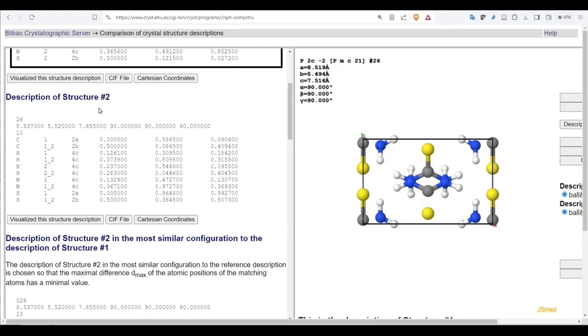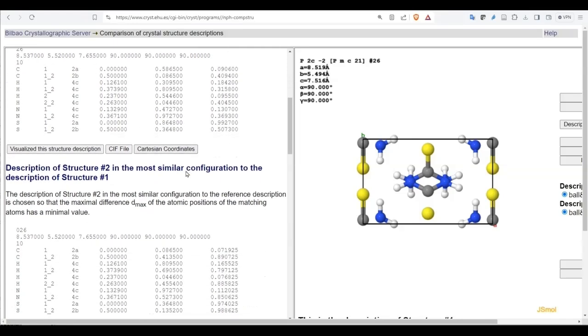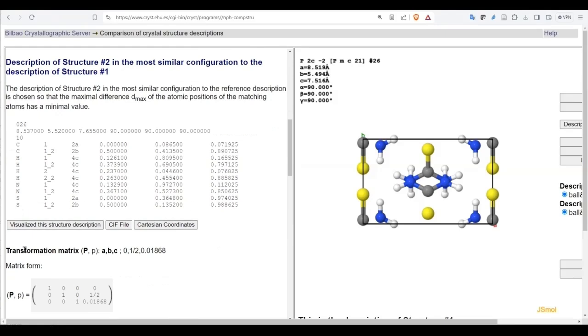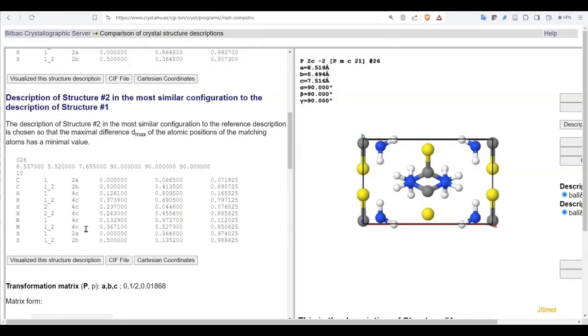This is the high temperature form of Theoria with a change of space group, and this is the description of structure number 2, the high temperature form, in the most similar configuration to the low temperature one. As usual, you can save the description of structure 2 in the most similar configuration of structure 1 in a zip file.